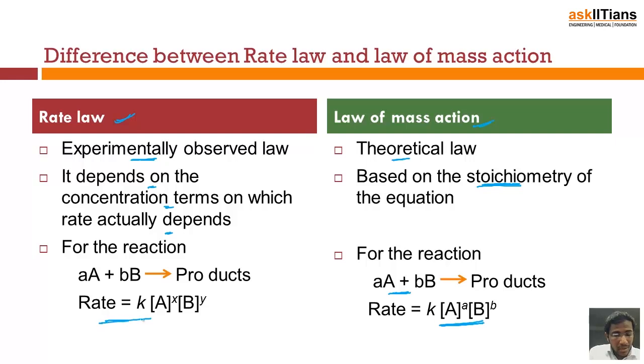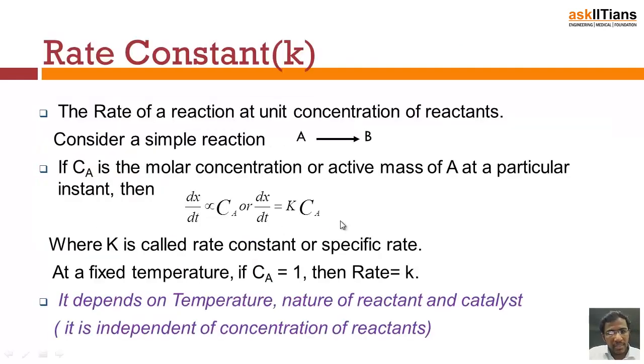But you cannot write rate law in this fashion. Though you know the stoichiometric coefficients, this X and Y may or may not be equal to this A and B. So until and unless you determine experimentally, you cannot write a rate law expression. It should always be experimentally determined, which is the actual relationship. So this is about the difference between rate law and law of mass action.